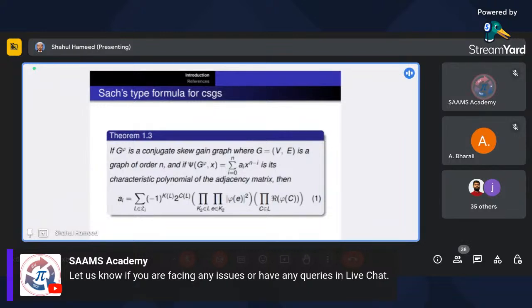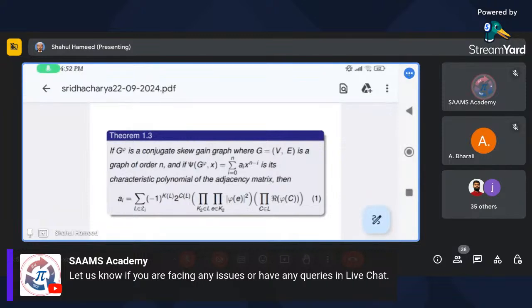So L_i consists of all subgraphs of order i, where the components are either a cycle or K2. Only cycles and K2 edges come into the picture inside that expression.